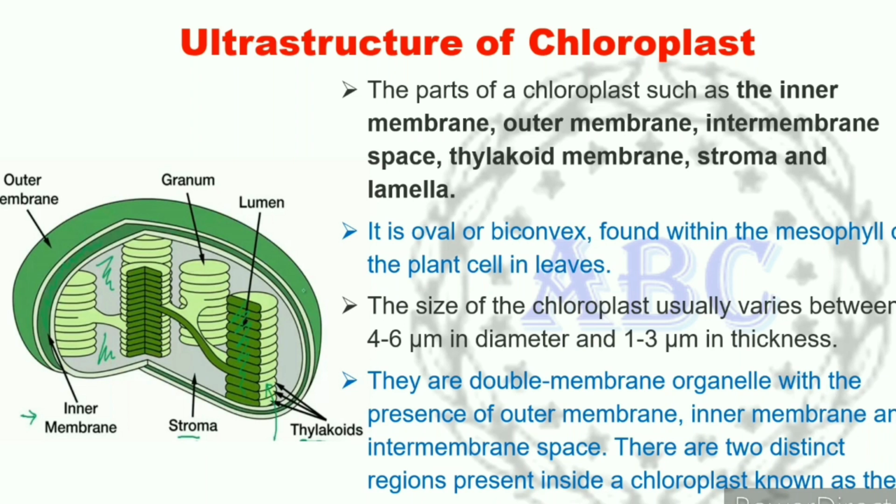The size of the chloroplast usually varies between 4 to 6 microns in diameter and 1 to 3 microns in thickness. They are double membrane organelles with an outer membrane, inner membrane and intermembrane space. There are two distinct regions inside the chloroplast known as grana and stroma.